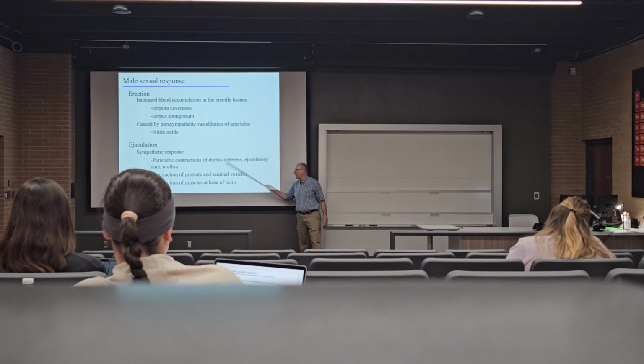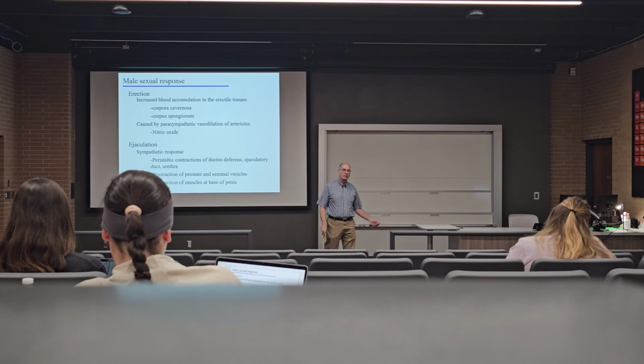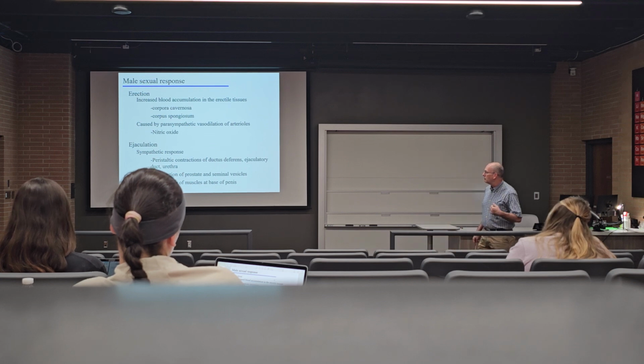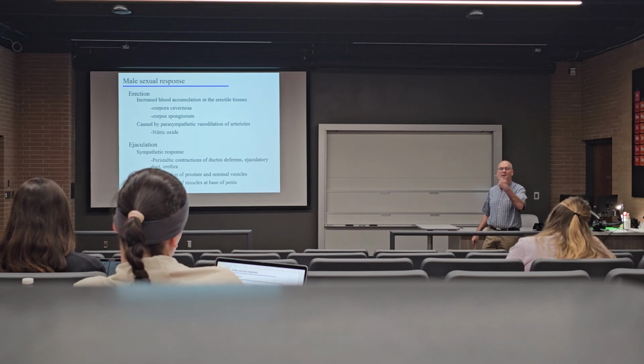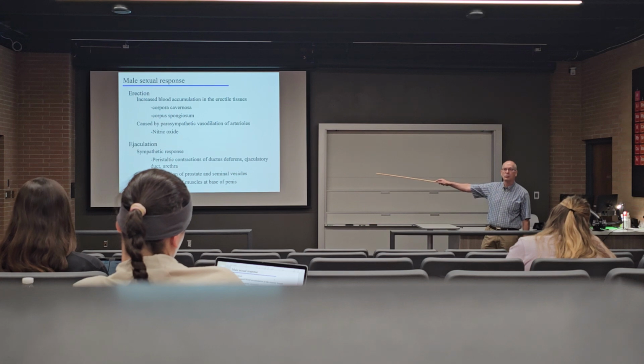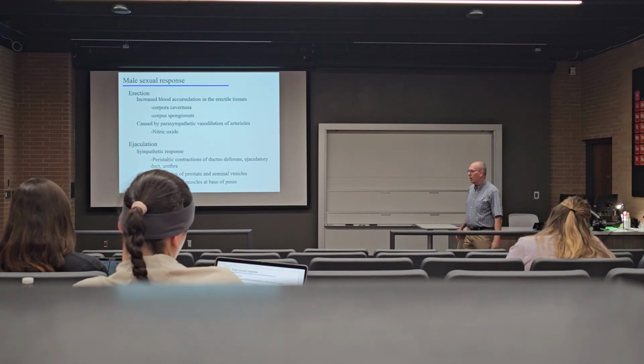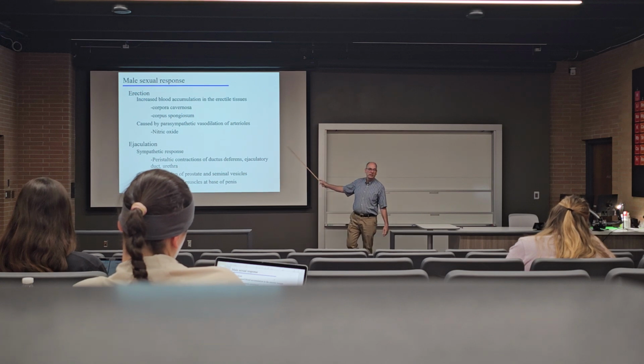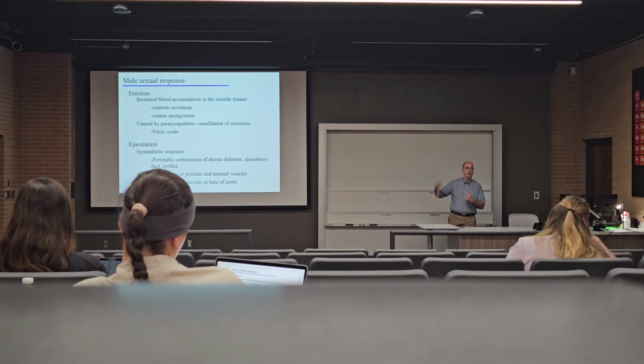And then there are muscles at the base of the penis that will also contract to help push everything along. So again, we have an erection caused by parasympathetic stimulation, followed by sympathetic stimulation, leading to ejaculation. And then everything goes as planned. That ejaculation ends up within the female reproductive tract, and we move on from that.